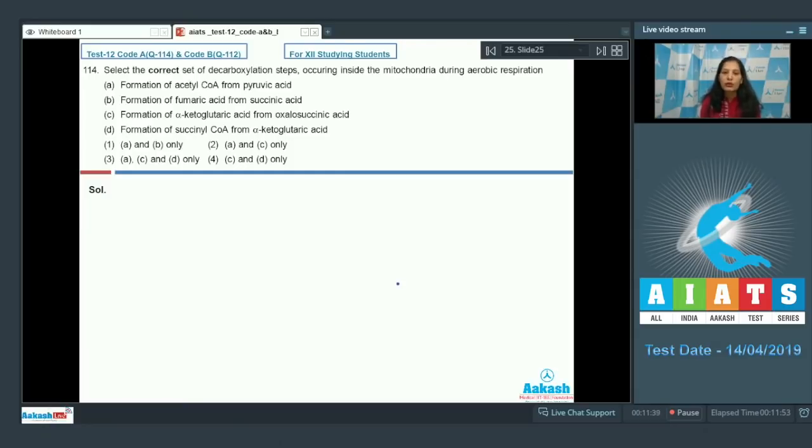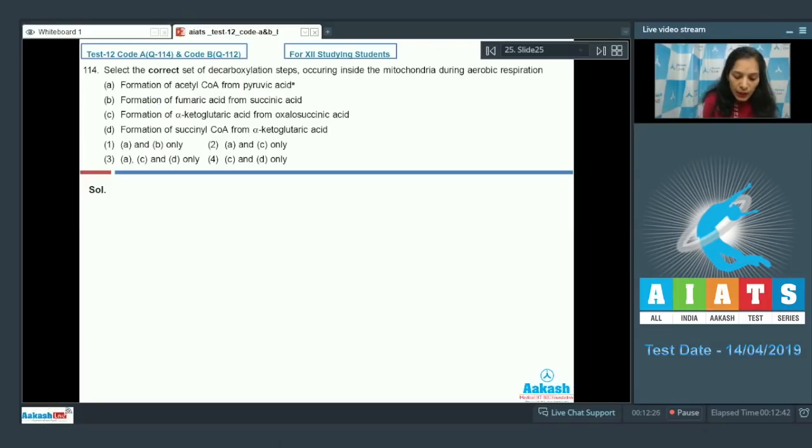What is decarboxylation? When there is removal of CO2, or carbon dioxide, this is called decarboxylation, and you have to choose that step. If you really don't remember the steps where decarboxylation occurs, there is a simple method by which you can solve this question. Decarboxylation results in removal of CO2. It means the compound from which CO2 is released will produce a compound which has one less carbon.